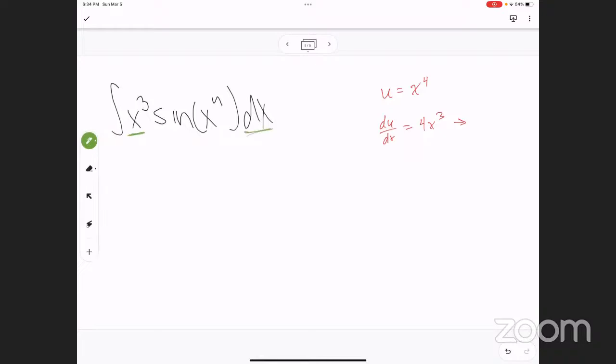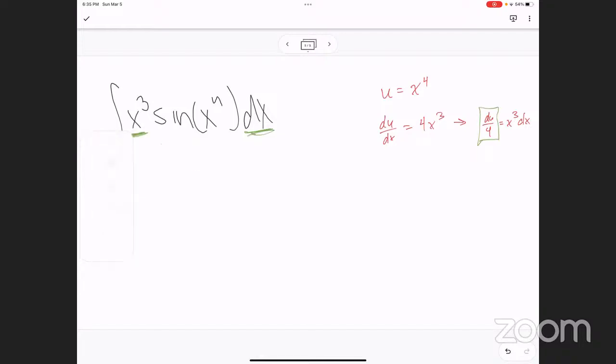So I'm going to solve for that: du over 4 equals x cubed dx. Make sense? And that's going in anywhere I see those two things together.